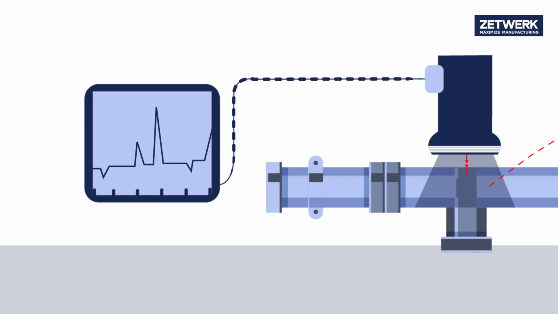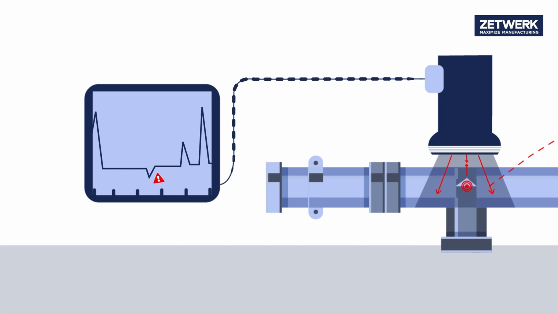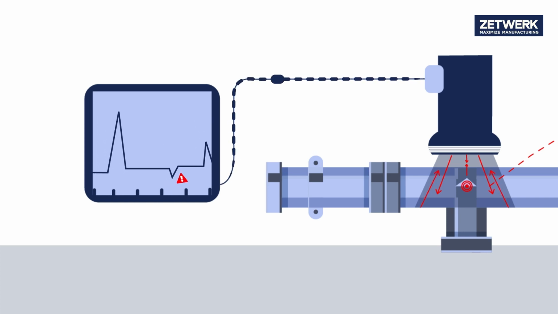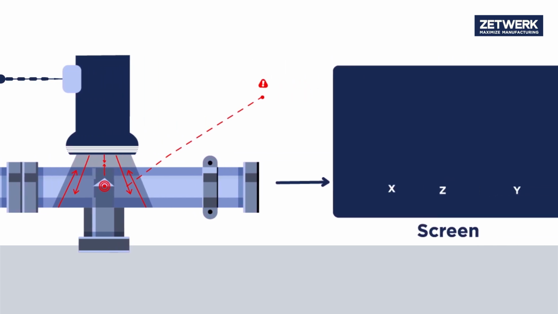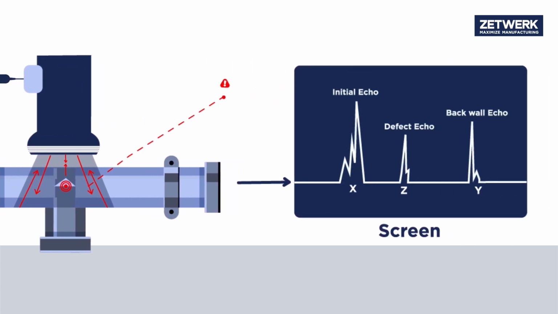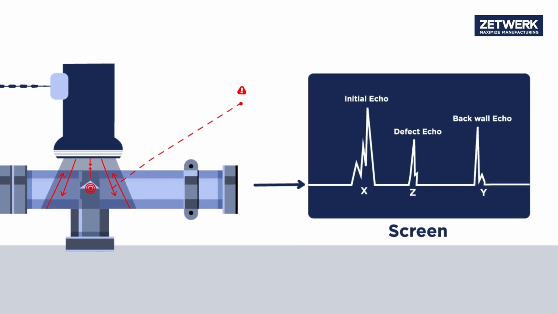Sound waves are made to travel through the object. If there are any inconsistencies, they will produce a reflective effect that will send energy back to the receiver. This will then be converted into visual data to correspond the findings.